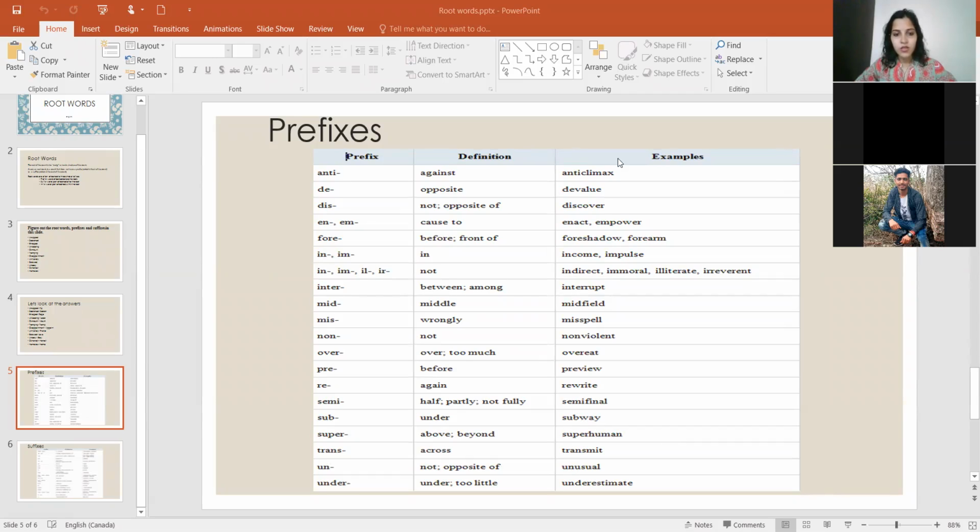All right, unknown, unless, unfortunately. So yes, in the word unfortunately, you also added a suffix, right? Ly. Untidy, unbelievable.